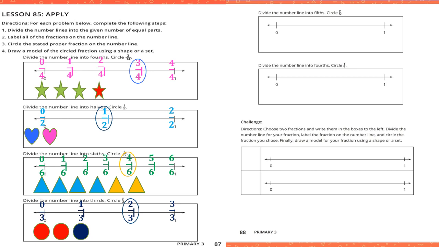Our model here, we have a set of circles. The fraction of the red circles here equals what? How many red circles? 2 red circles, out of the total circles, 3. So the fraction of red circles equals 2 over 3.